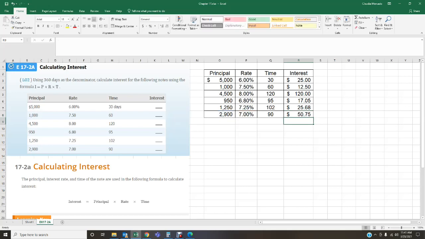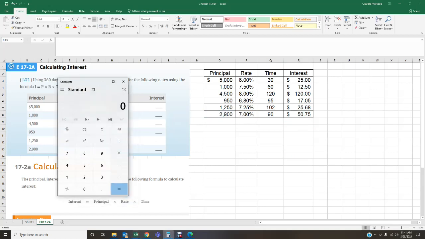That gives me $50.75, okay? So regardless whether you want to do it in Excel or let's do the last one here on a calculator, you're going to get 2,900 times 7% times 90 days over 360. That gives me $50.75, okay?